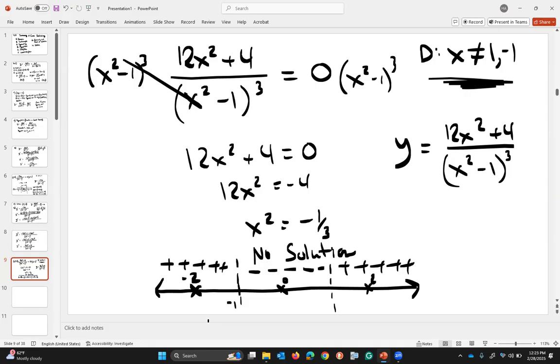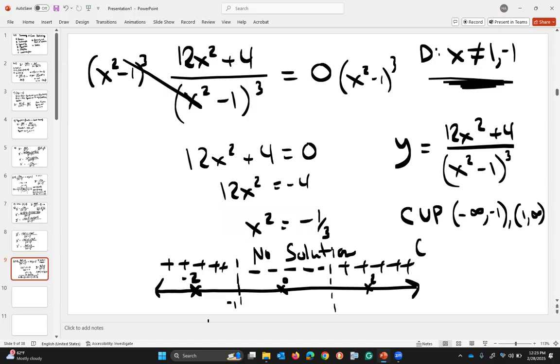I think we're ready for sketching this. Concave up, should we just say CU? Concave up is from -infinity to -1, and then from 1 to positive infinity.